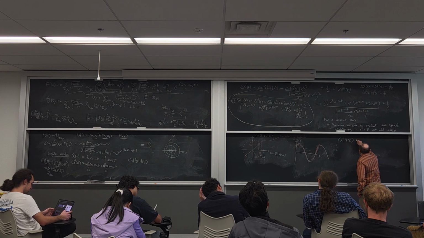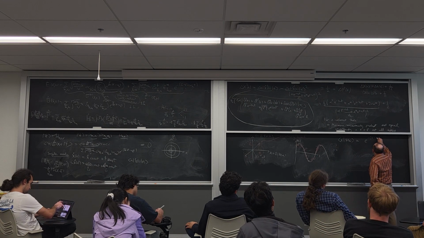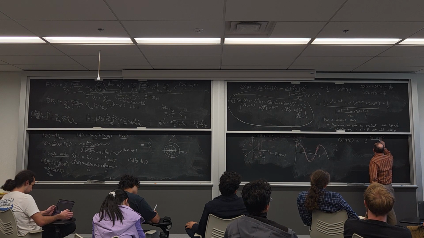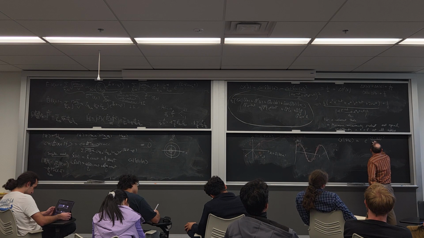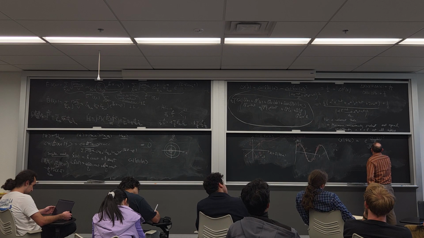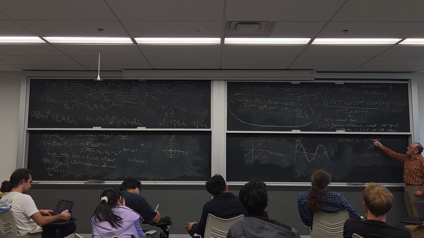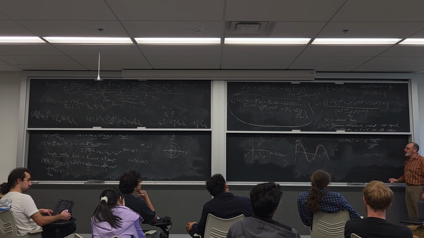What I will find in this case is that I have something that looks like a Gaussian whose center is moving according to the classical trajectory.